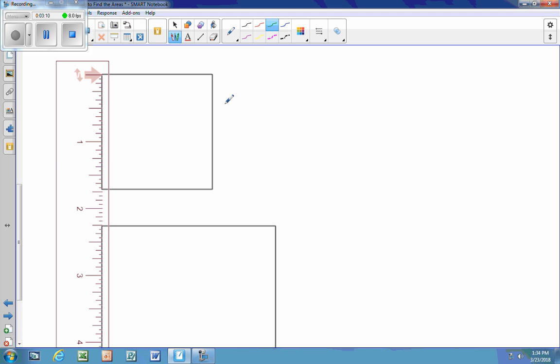It's closer to the 12. So it's 1 and 12/16. We don't want to use such a big number. We want to simplify, so we can divide them both by 4, which would be 1 3/4 inches. This is a square, so we know that every side is the same, but we could actually measure it, and if you measure it, you'll see that it is a square, and this is also 1 3/4 inches.